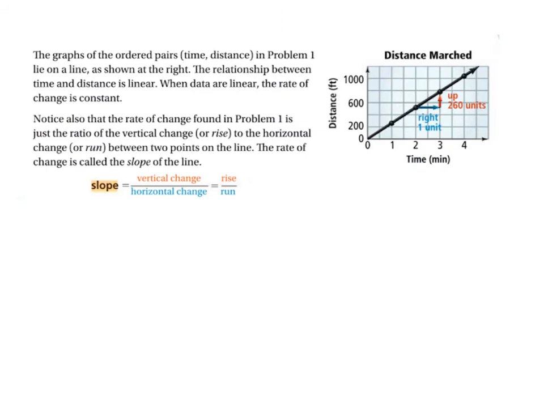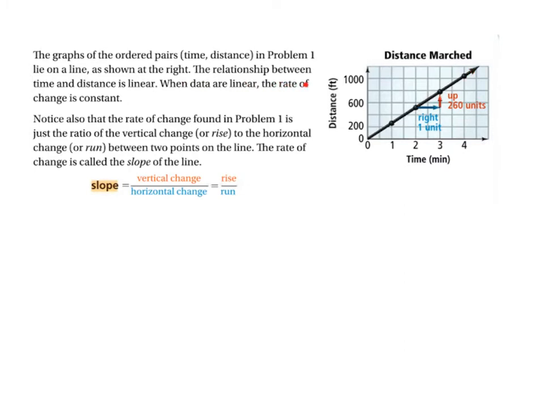Now, graphically, rate of change is described as the slope of the line. As they say here, these are the graphs of the ordered pairs, with time as the independent variable and distance as the dependent variable. From the same marching band problem we just did, the relationship between time and distance is linear. They're walking at a steady pace.